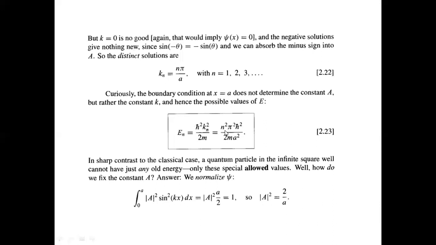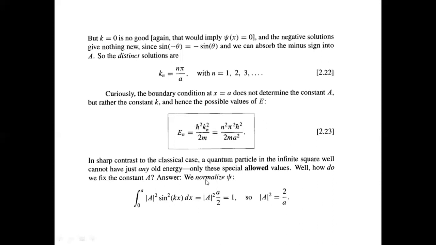Because of the presence of this term n, which has values 1, 2, 3, we say that the energy is actually quantized. This is what is called quantization. So it cannot take all continuous values, but it has to take discrete values, which are labeled by the number n.